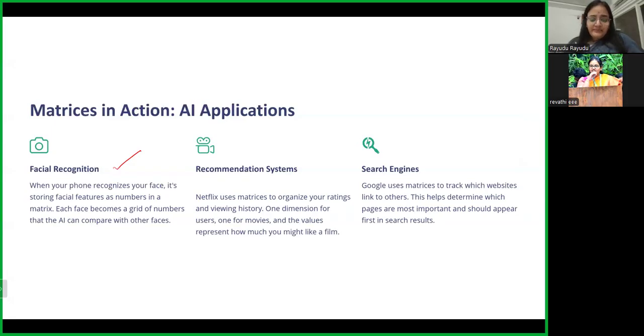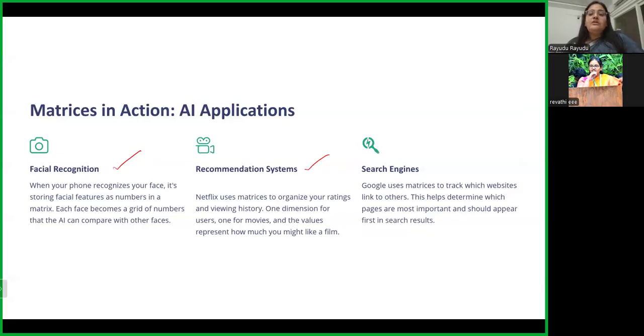The other application is recommendation systems. Usually, if you watch any movie on Netflix or YouTube, the complete information, like how much time you have watched, user information, and what ratings you have given to that movie, gets stored in a matrix form at the initial level.